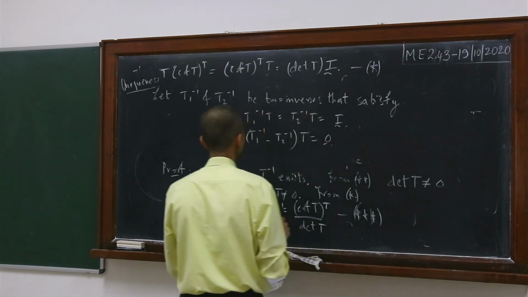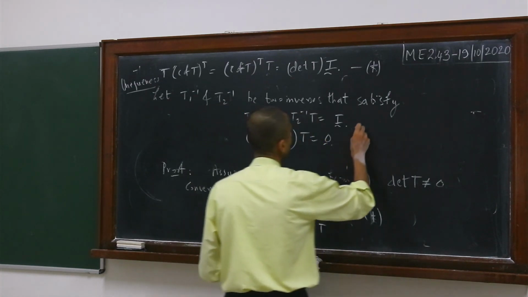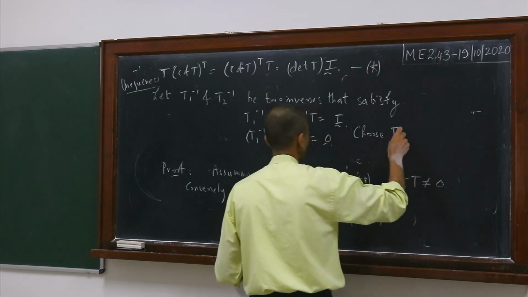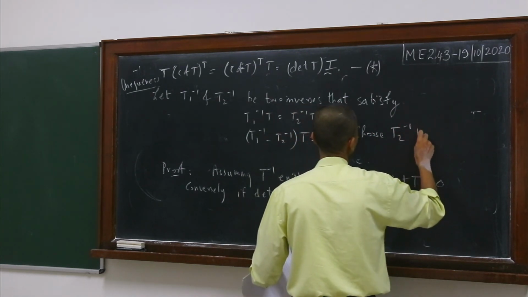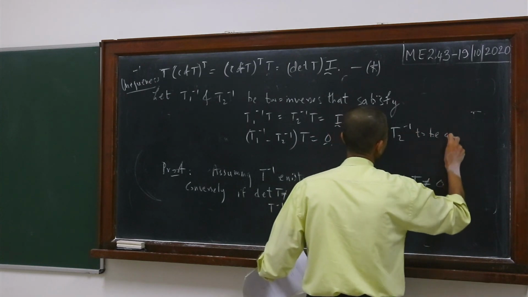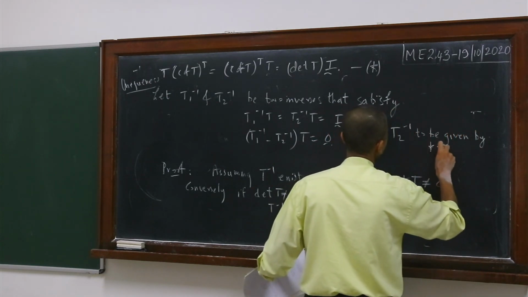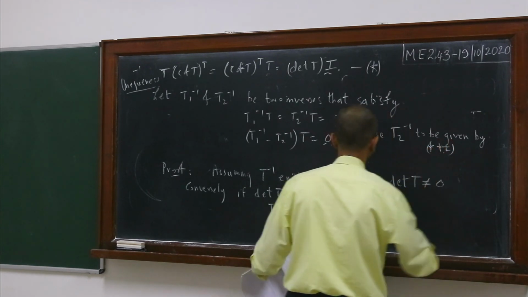So choose T2 inverse to be given by 3 star. Use this expression for this one.